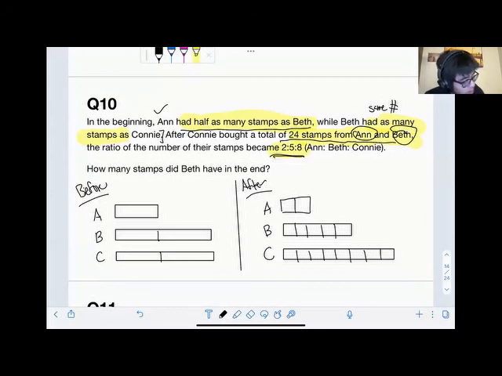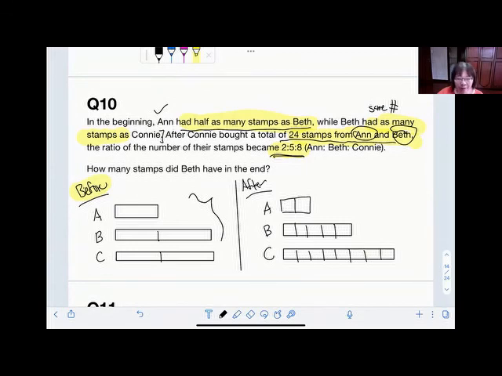So, dun sa before, ilang box yung total stamps ni Ann, Beth at Connie? Dito sa before. Chat, how many total boxes do the 3 girls have?